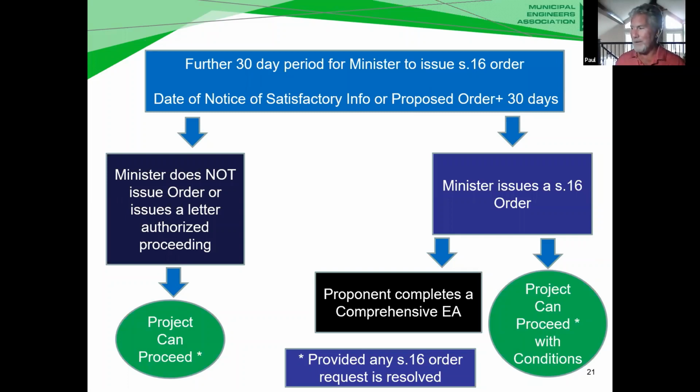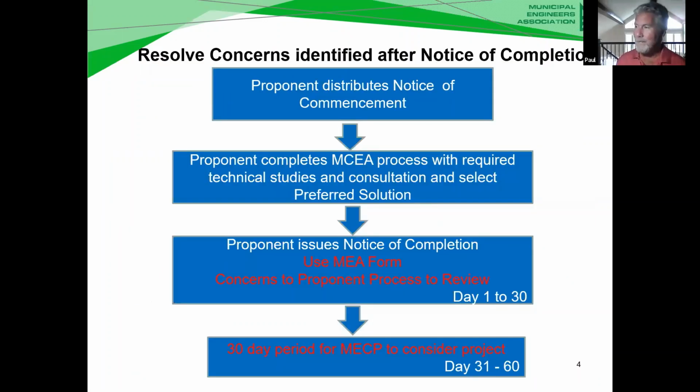And if they do issue an order, then you can proceed following the order and meet the conditions if there are any, or you'd be ordered back to do a comprehensive. So I realize that gets a little confusing, but as I said, you would be guided through that process by the correspondence with the ministry, or you can, if you're really into it, hopefully you don't get into that process, and so you don't need to understand all of those details.